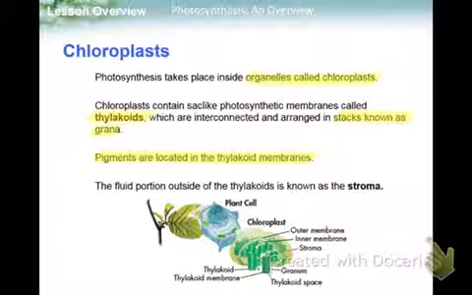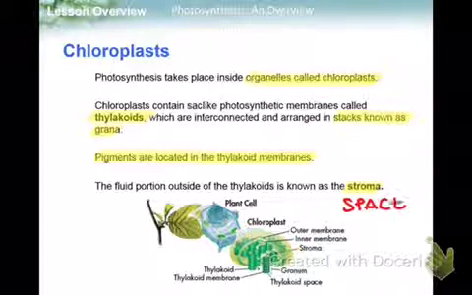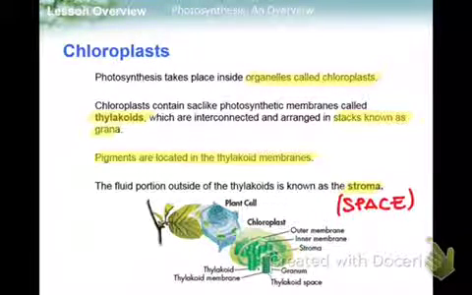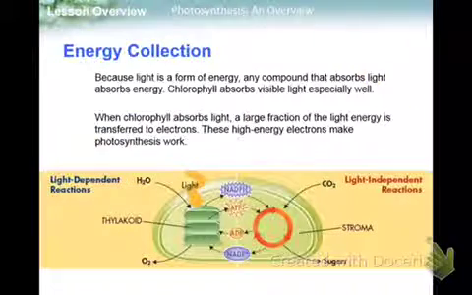The space surrounding the thylakoids is called the stroma. I always say stroma begins with S, space begins with S. So that's how you can remember that. Here's what you see. These are the thylakoids that are stacked into a granum, single stack.